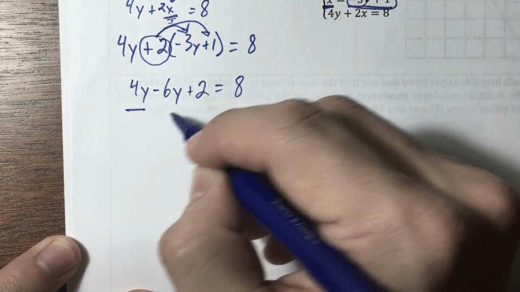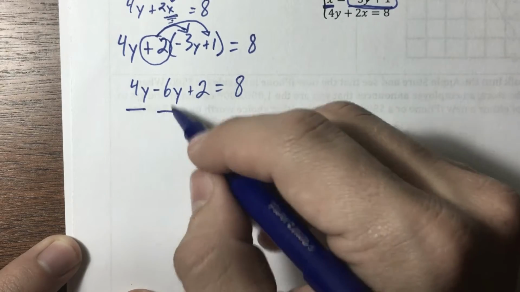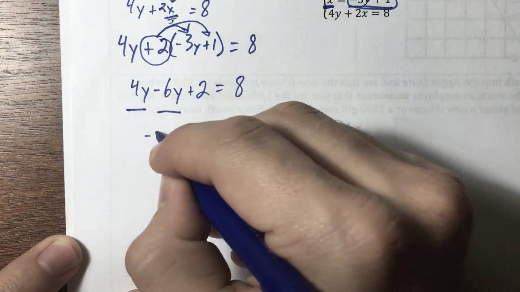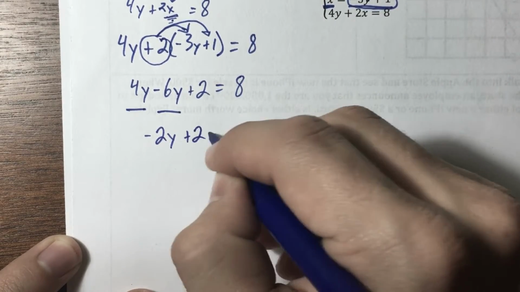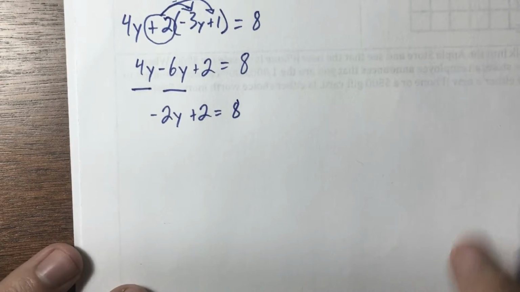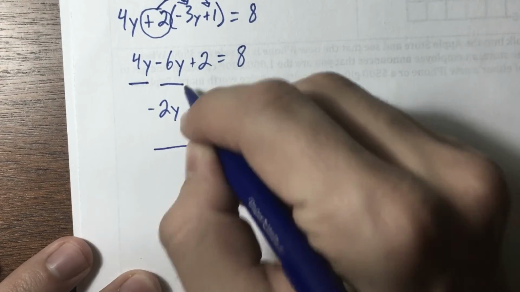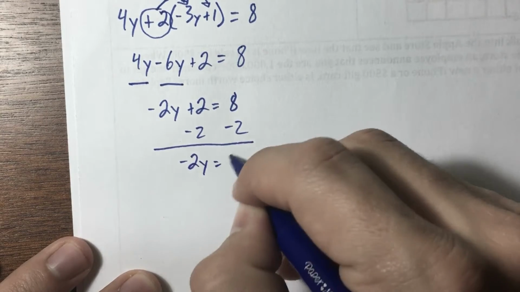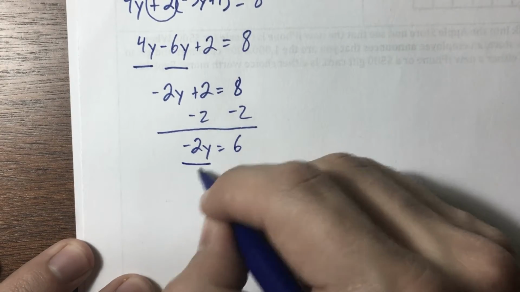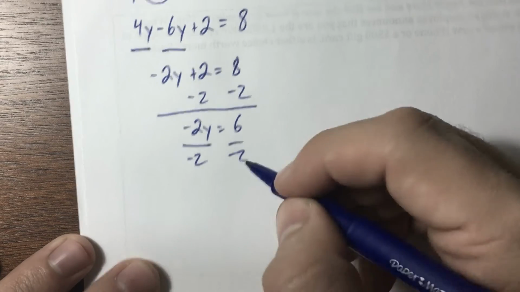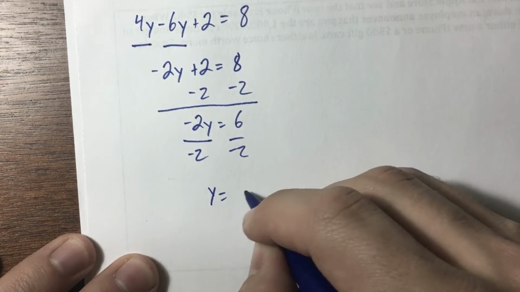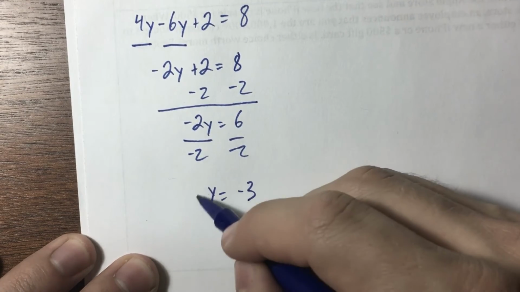Next, we can combine our like terms. We have a positive 4y and a negative 6y to get negative 2y plus 2 equals 8. Now we just have a two-step equation, so we can subtract 2 from both sides. Get negative 2y equals 6. Divide both sides by negative 2 and get y equals negative 3.